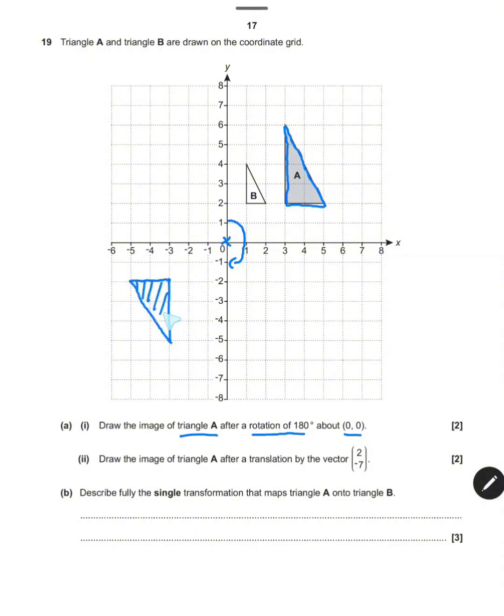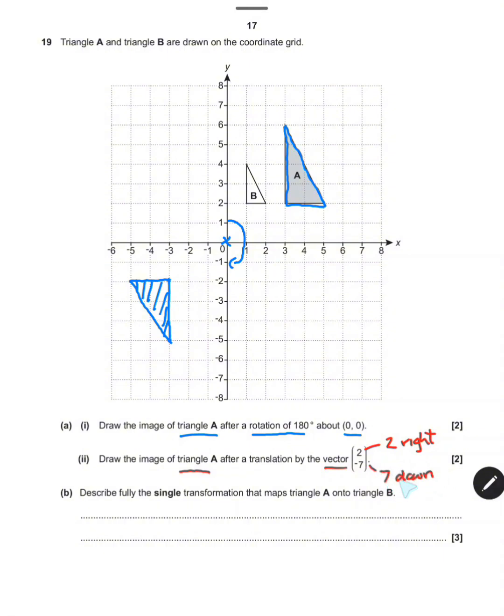Part 2 says draw the image of triangle A after a translation by this vector. Well, when you've got a vector like this, the top number is left and right, and positive numbers go right, and then this bottom number is up and down. Positive numbers go up, so negative numbers go down.